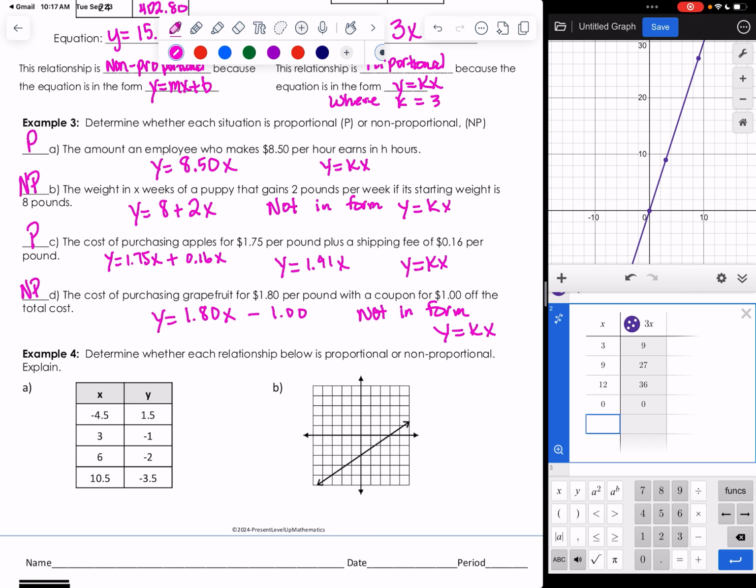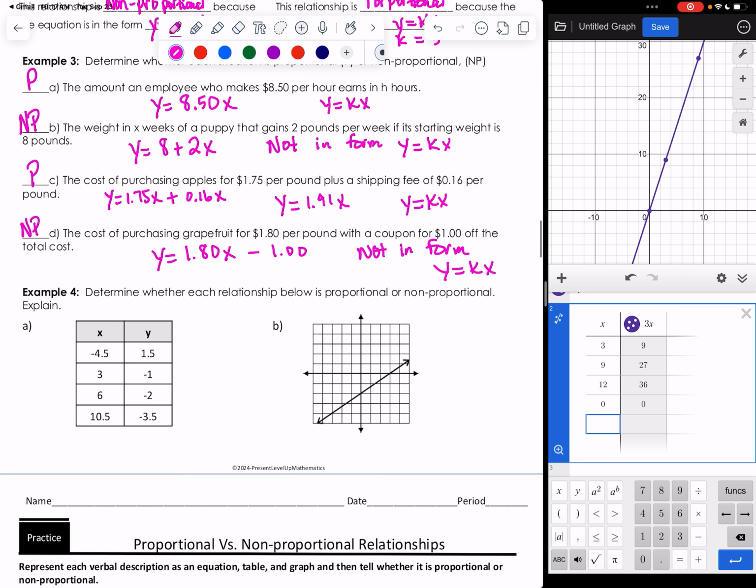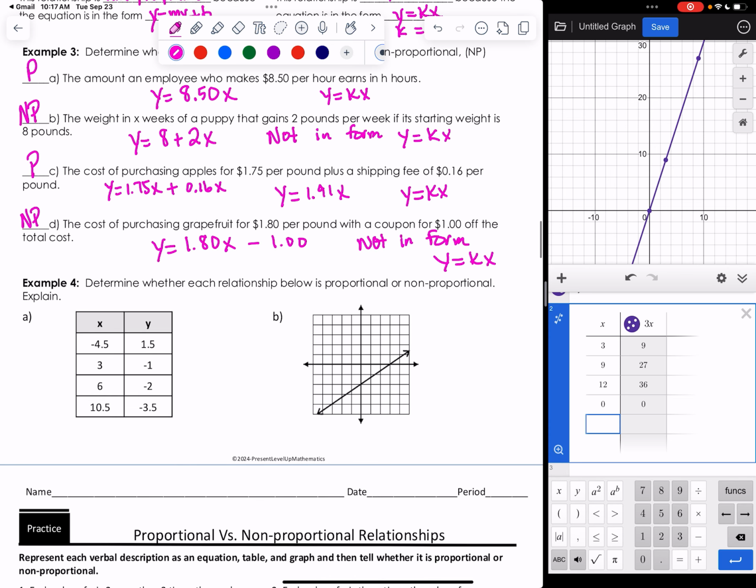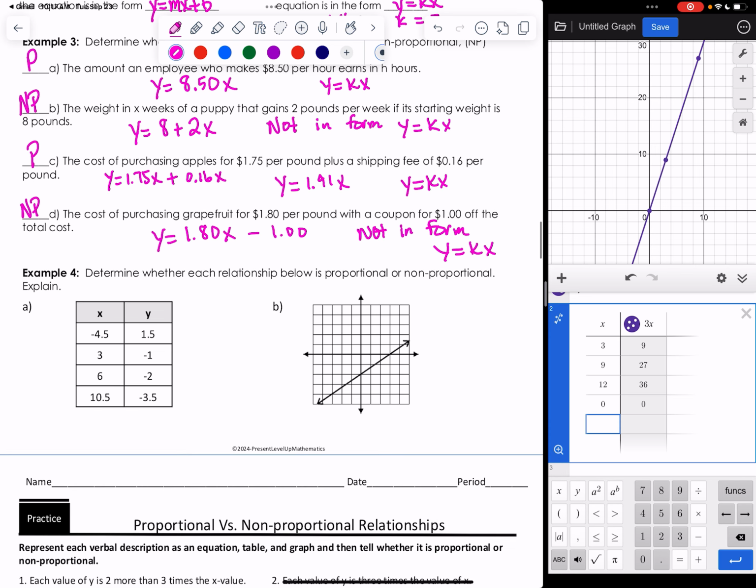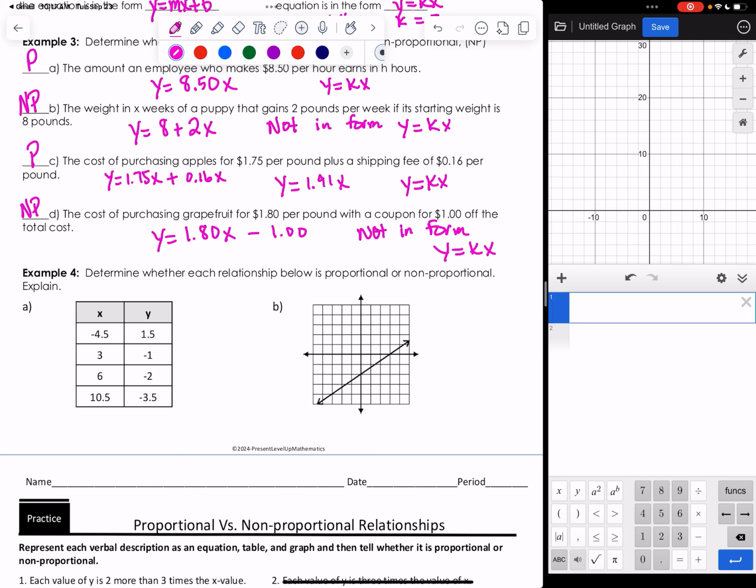All right. Example 4. Determine whether each relationship below is proportional or non-proportional. Now, in problem A, we don't have an equation, so we don't know what form of the line it is, and we don't have a graph, so we don't know if it goes through 0, 0 or not. So what we can check is the ratio of y to x to see if it's constant.